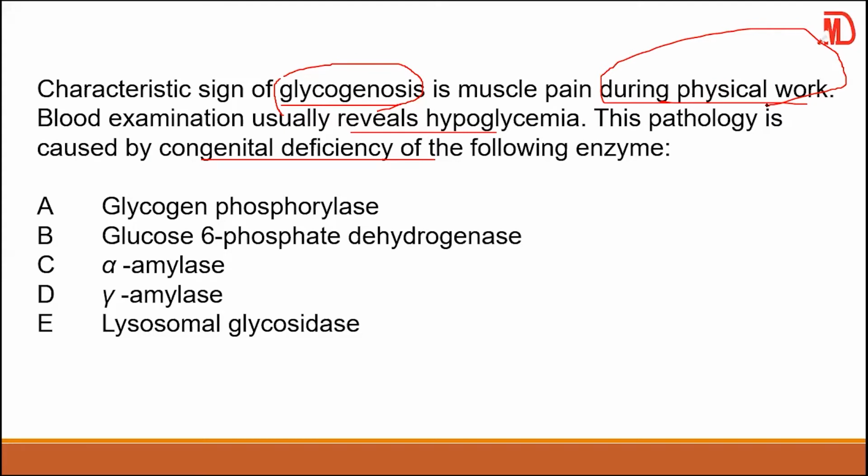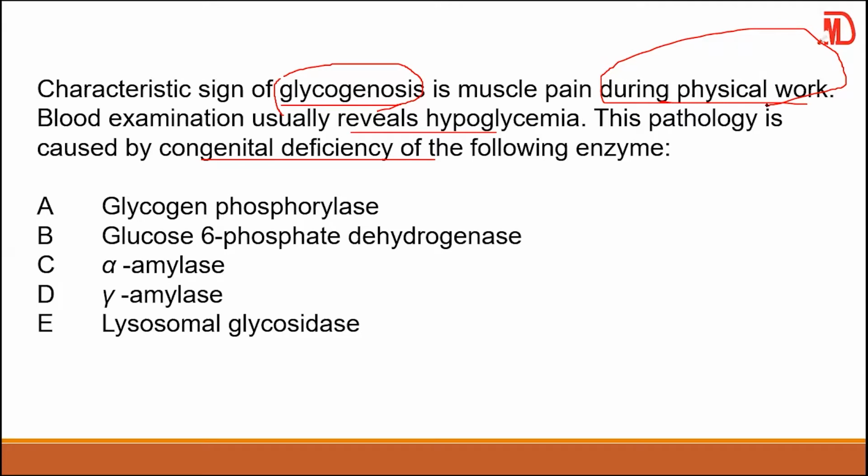what comes to our mind is that we could be dealing with glycogen storage disease type 5. Of course, we have a lot of types, like von Gierke and those ones, but this one is type 5. Because don't forget, when you do exercises, you have to break down glucose, and there's a problem with the enzymes involved in its breakdown.